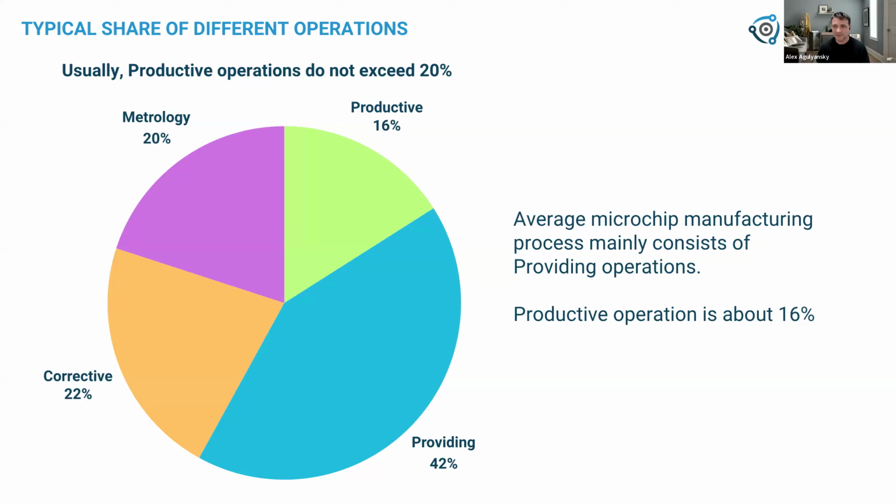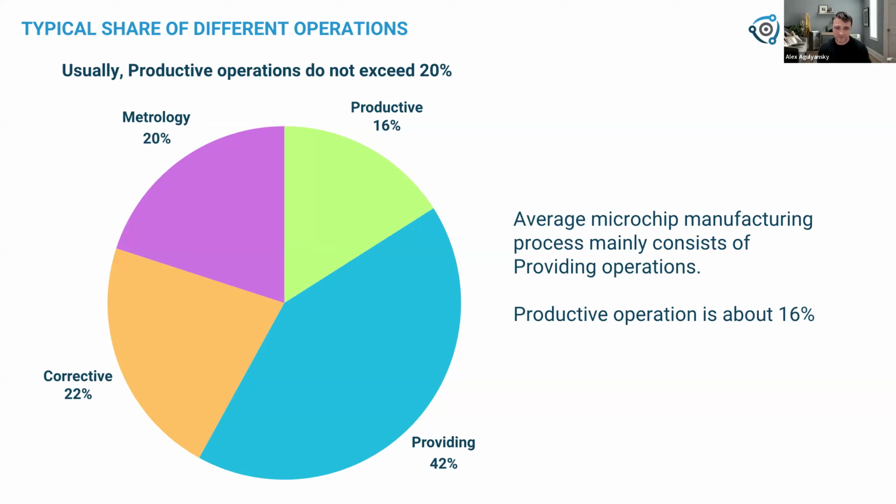But what does it mean? It means that because productive operation is the only one that actually adds value to the product, everything else is waste of money, waste of time, and so on. So looking at this map, the 16% is great, that's adding value. Everything else is an opportunity for us to improve and reduce costs and so on.